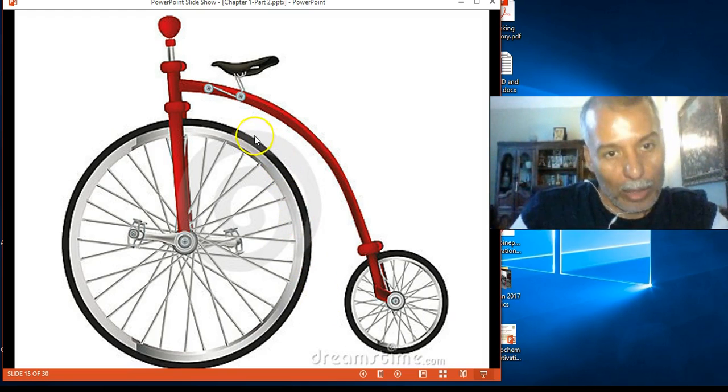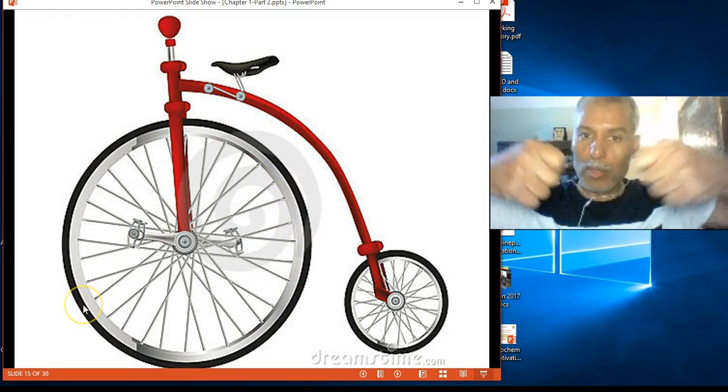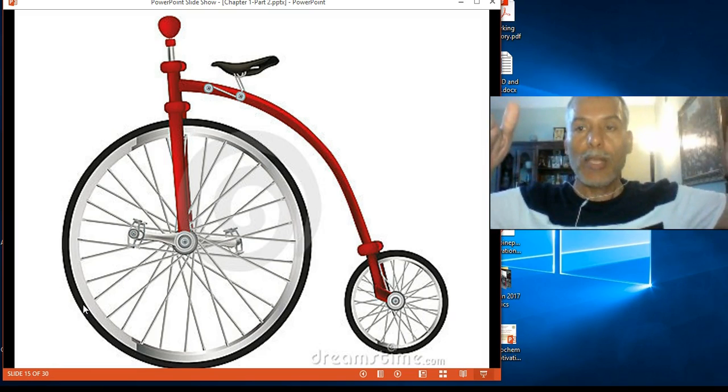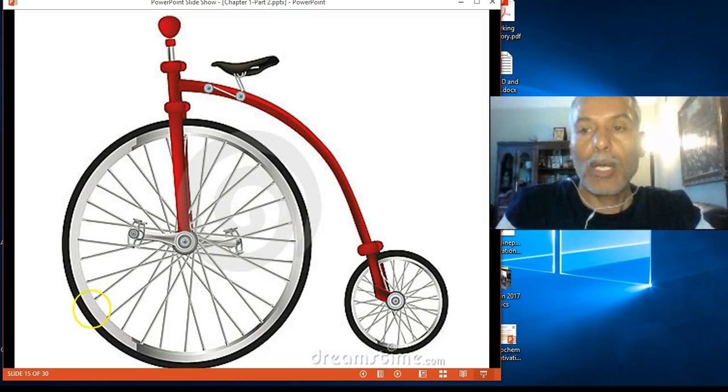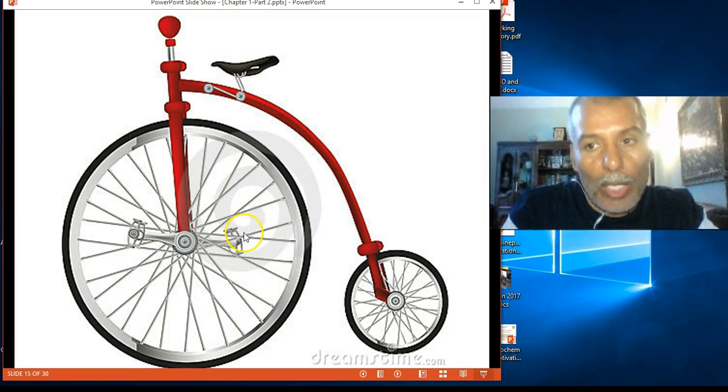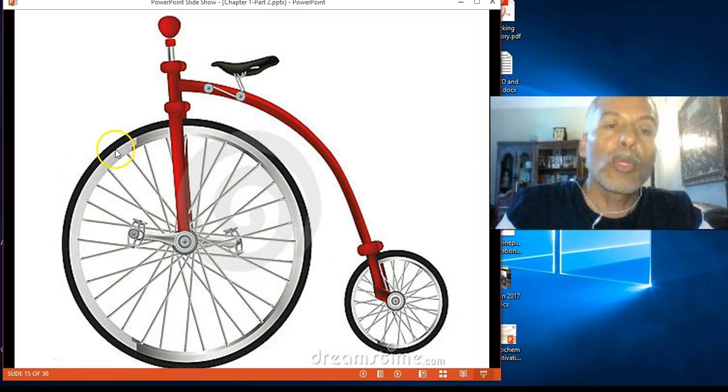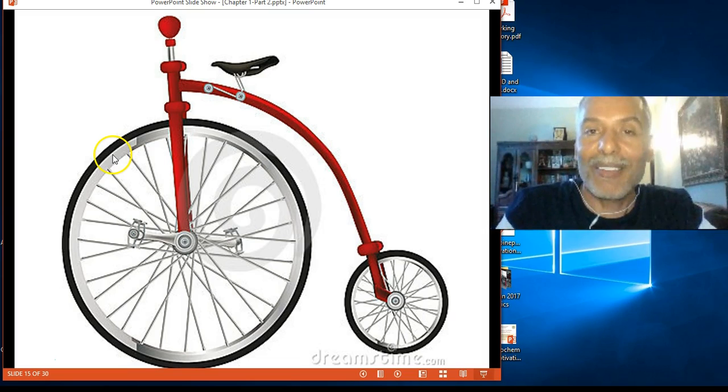And obviously the bigger wheel is going to have a huge wavelength compared to the smaller one. So as a result, the bigger wheel is going to cover a greater distance. It will make less cycles per minute than the smaller wheel.